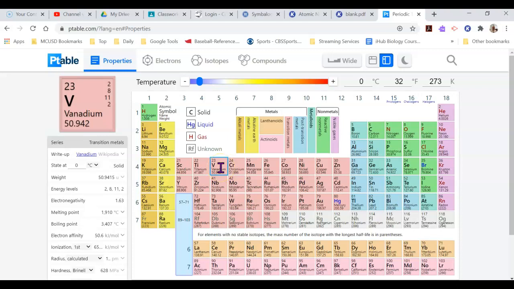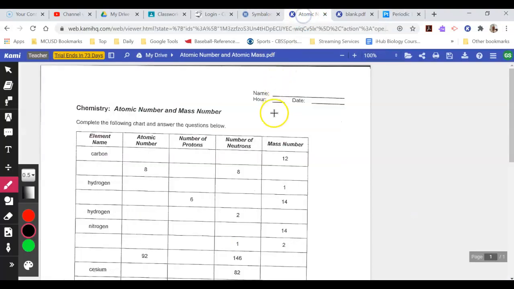We're going to use this to highlight how you can find all of the different subatomic particles in a particular element. The first thing you might notice is that you have a hydrogen here and a hydrogen here. That is based on the fact that you can have different isotopes of certain elements. So keep that in mind.